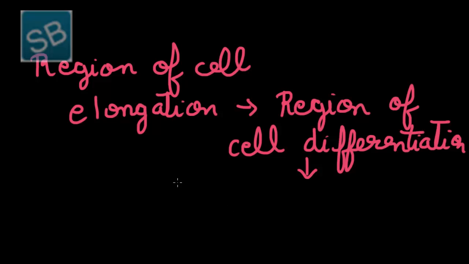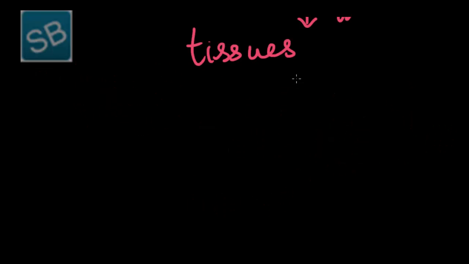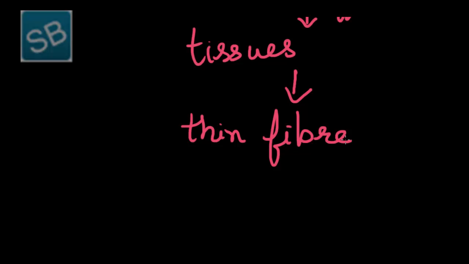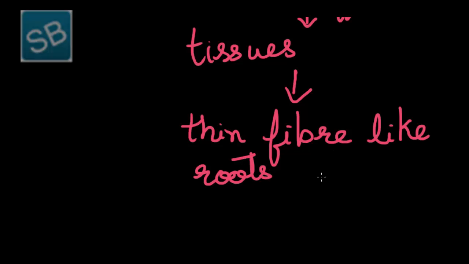Here the divided cells get differentiated to form tissues, developing into thin fiber-like roots, resulting in the development of root hairs.